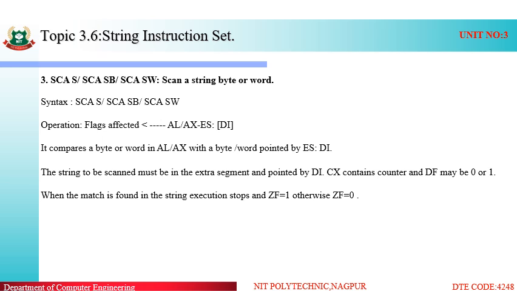So this instruction is very rarely used, but this is given in the syllabus, so we have to study it. So SCAS will compare a byte or a word in AL or AX register with a byte or a word pointed by ES colon DI register.